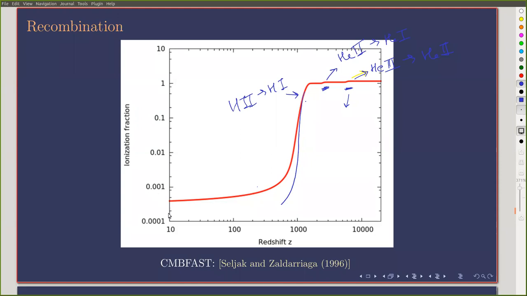So some fraction of the residual ionization remains till very low redshift, and Shiv has already talked about it. It has very important implications for the 21 centimeter signal. The scale of the 21 centimeter signal that you want to observe depends very severely on this value, and we get very precise values of this from numerical simulations. But just to get some idea, we can do order of magnitude calculations in this tutorial.